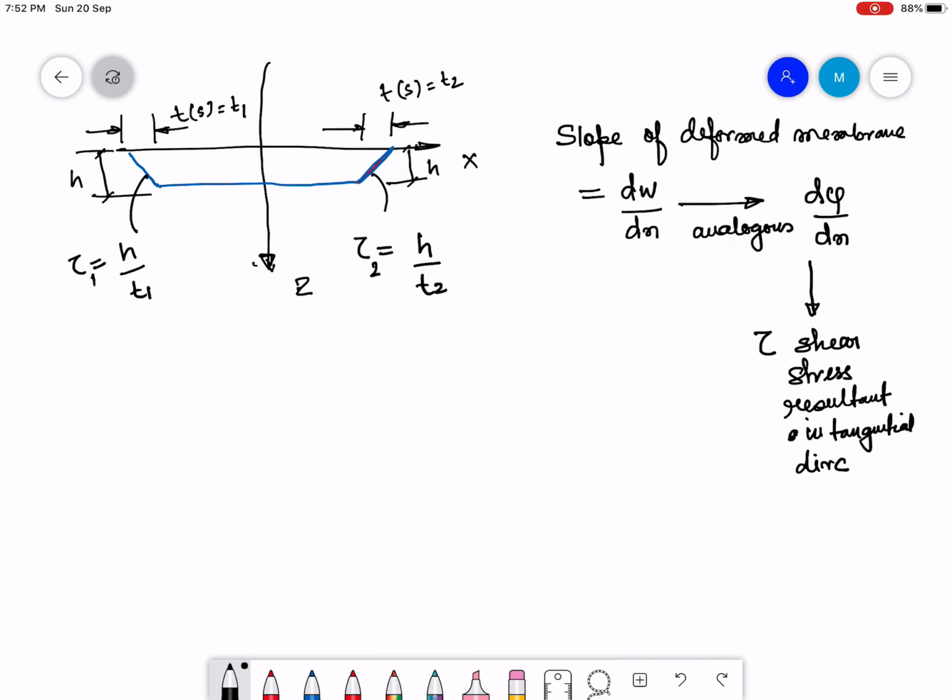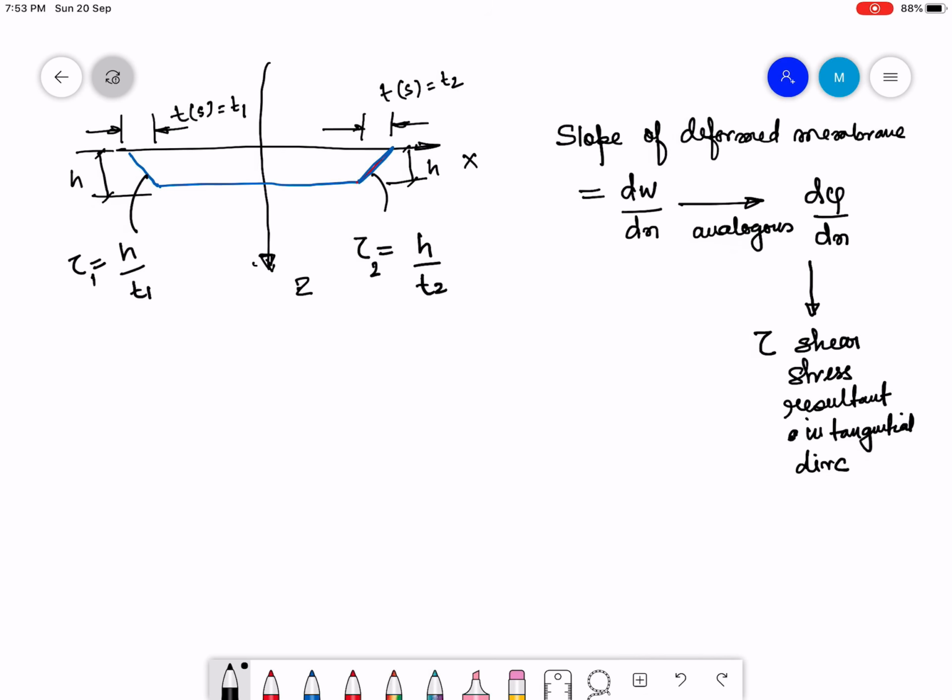Where h is the depth of the deformed membrane, or the depth by which the membrane deforms, and ts is the thickness of the membrane at that location. Okay, so you can see the part of the membrane which is much thicker is going to have a lower slope, while the part of the membrane which is thinner is going to have a higher slope.